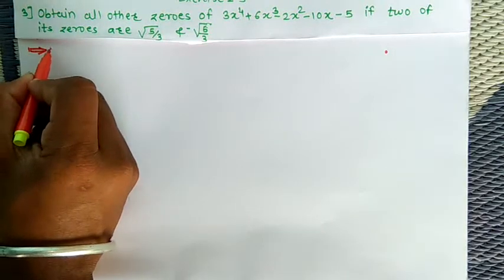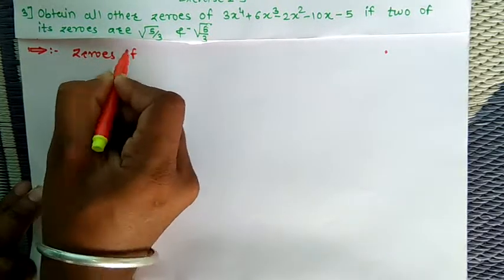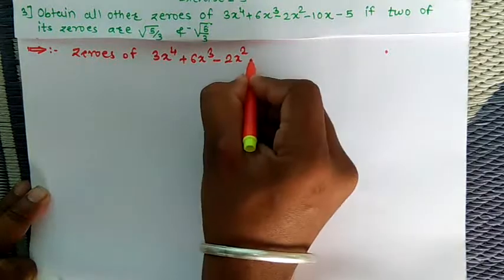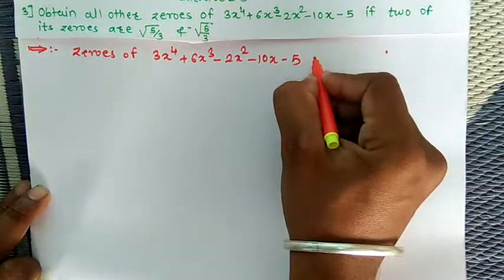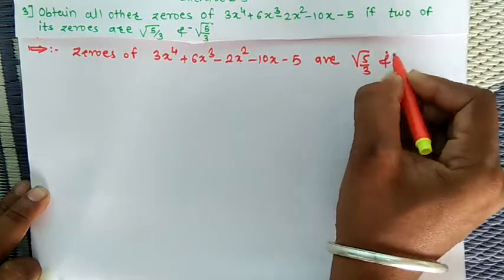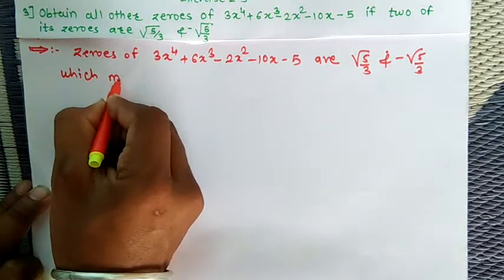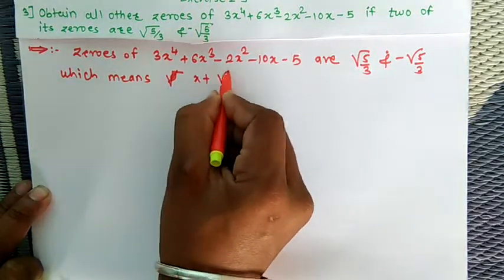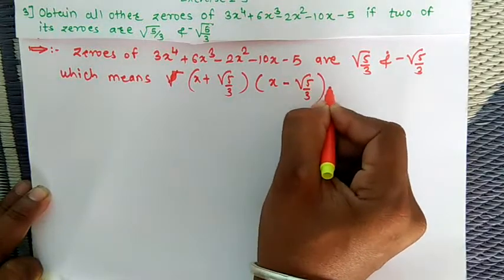The solution. Zeros of 3x raised to 4 plus 6x cube minus 2x square minus 10x minus 5 are square root of 5 by 3 and minus square root of 5 by 3, which means x plus square root of 5 by 3 into x minus square root of 5 by 3.